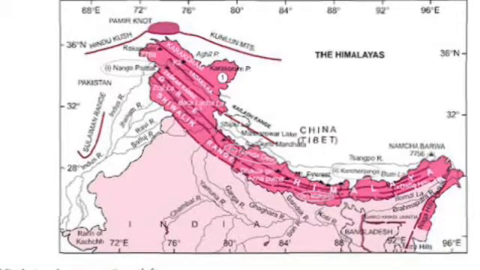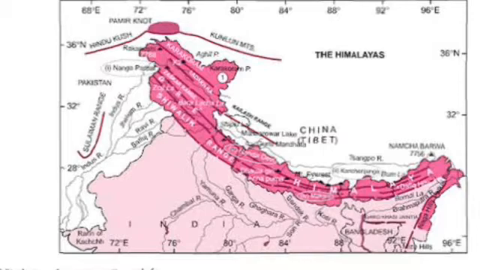These mountain ranges run in a west-east direction from the Indus river to the Brahmaputra river, meaning from the northwestern part of India, the Indus river, till the eastern part, the Brahmaputra river. It is also called the loftiest mountain.